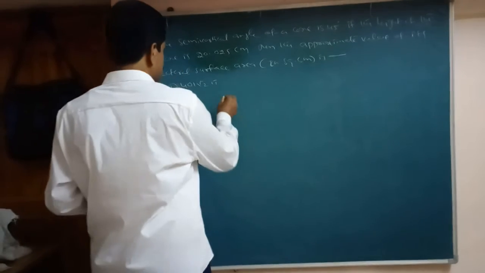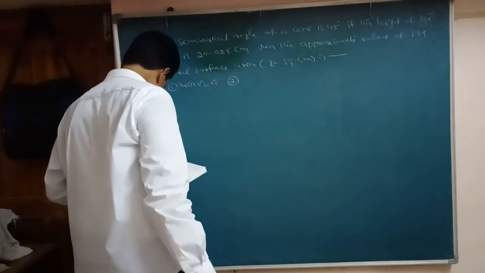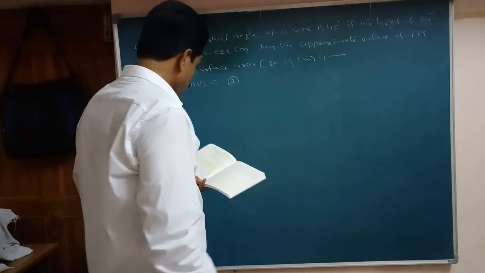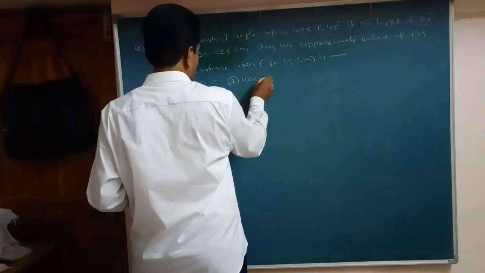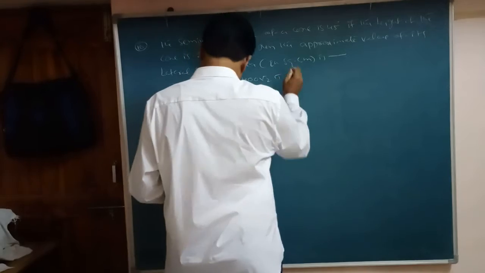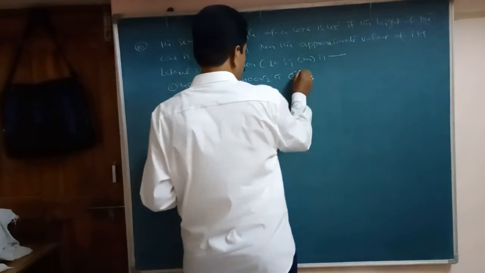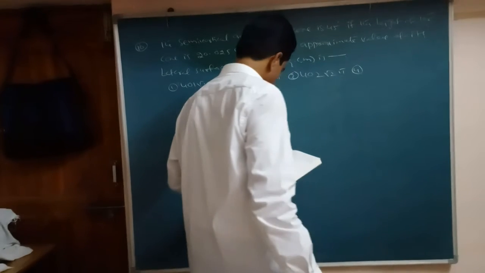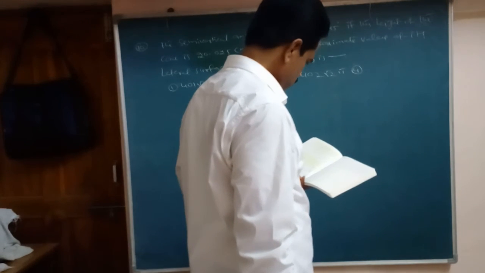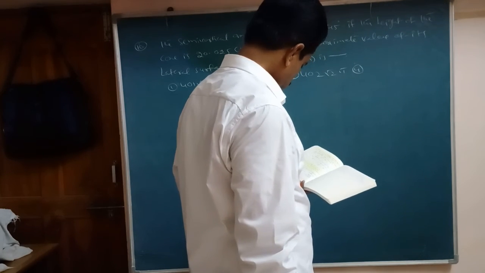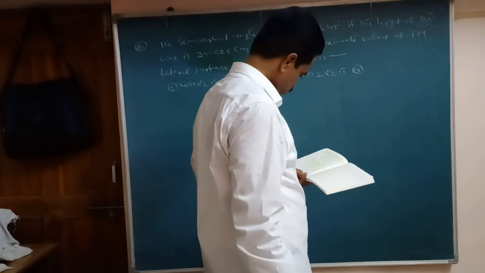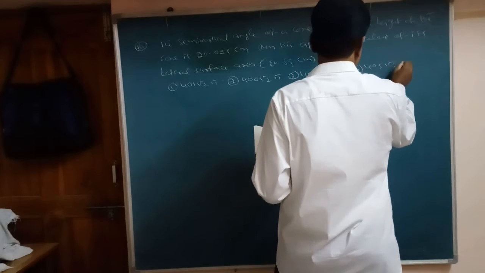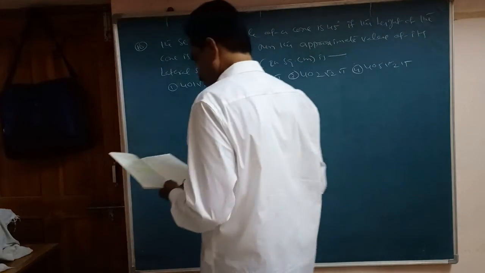Next, second one 4 under root 2 pi. Third one 402 root 2 pi. And fourth one is 405 root pi.